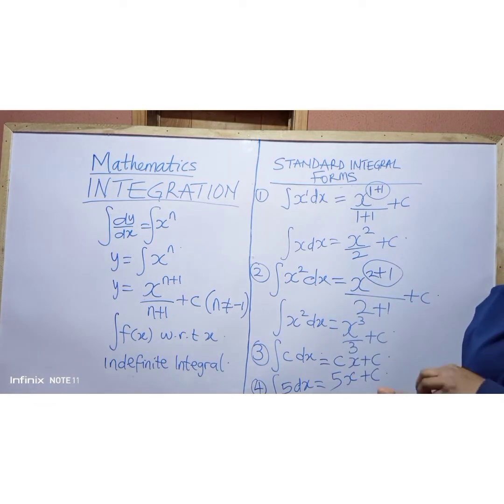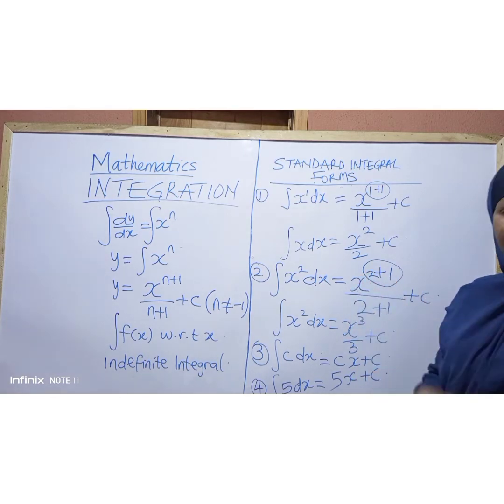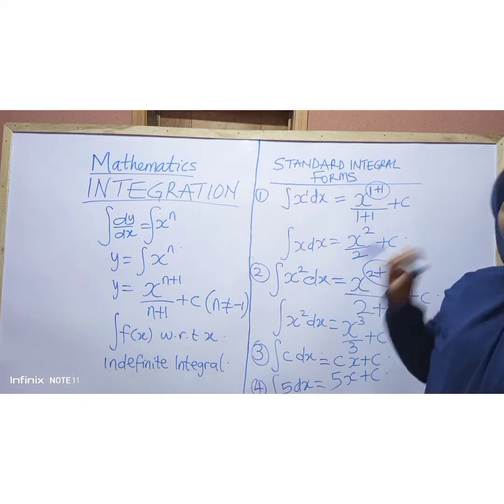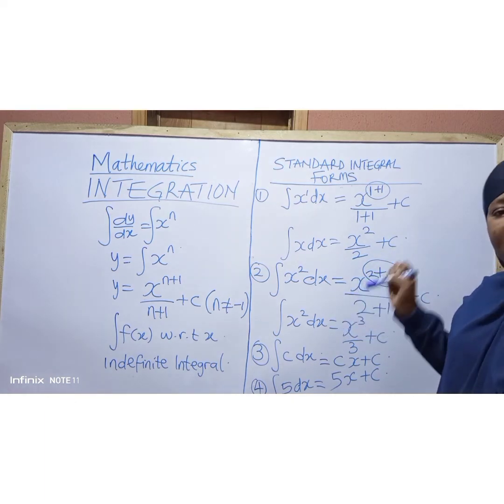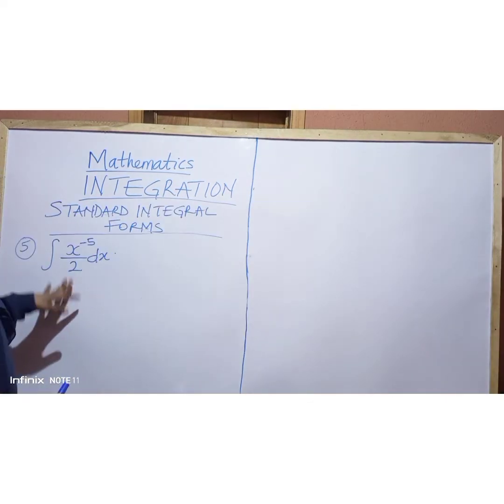The number that you want to integrate, which was without x, if you integrate it, it becomes that number or that alphabet or that constant multiplied by x then plus c, like I did here.